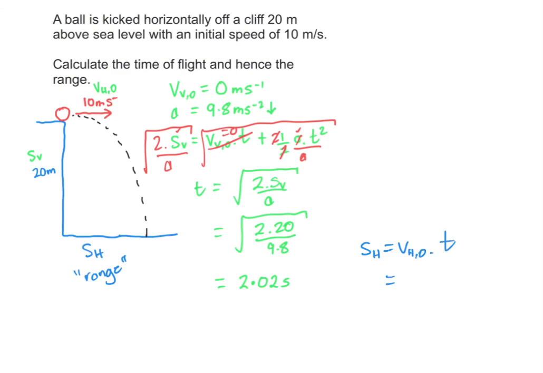We get 10 from the question up here, vh, times by 2.02, which is equal to 20.2 metres. Again, the question's only to 2 significant figures, so strictly speaking, we should round that off to 20 metres. So that's how we've worked out the range.